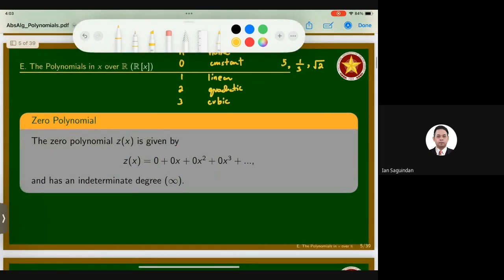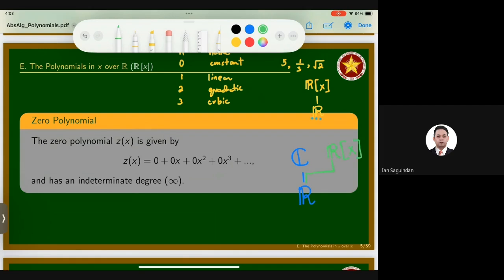Okay, based on what I have said earlier, it should be clear that the set of all polynomials is actually a superset of the set of all real numbers. If you still remember before that the set of all real numbers is a subset of the set of all complex numbers, then apparently, coming from another dimension, we can say that the set of all real numbers is a subset of the set of all polynomials.